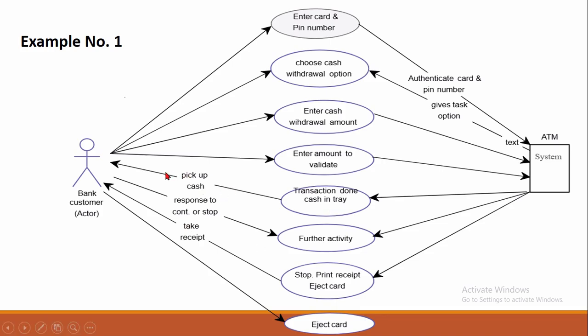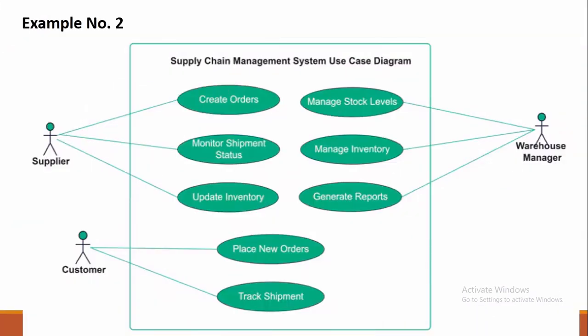So pick your cash. This is how the interaction happens using a use case diagram. In use case diagrams we use use cases for interaction between your actor and your system. Okay, this is also one example of supply chain management using use case diagrams.